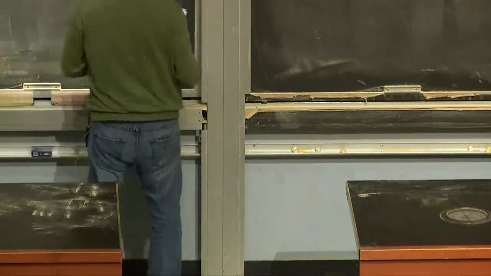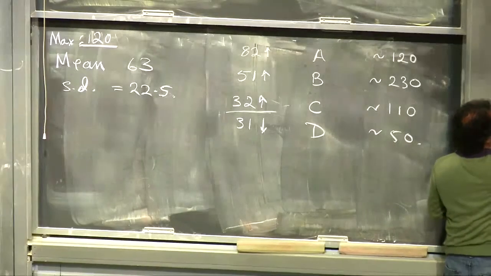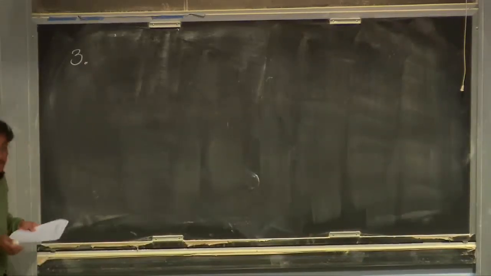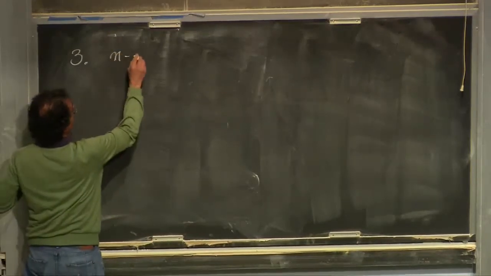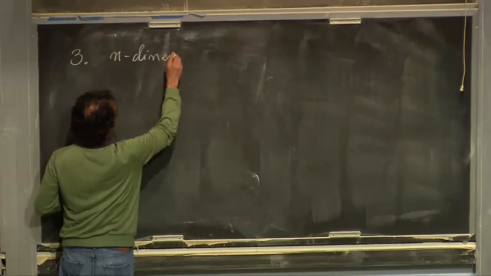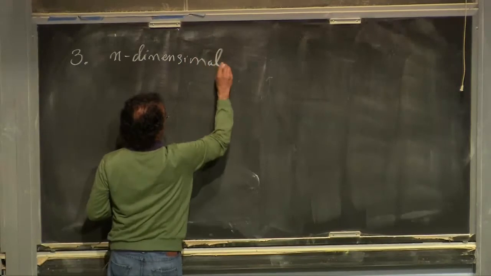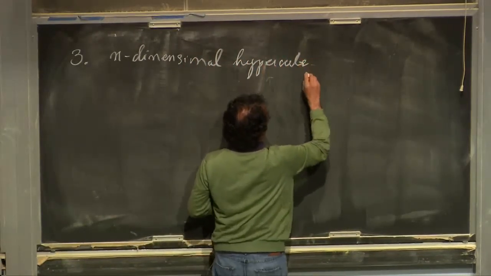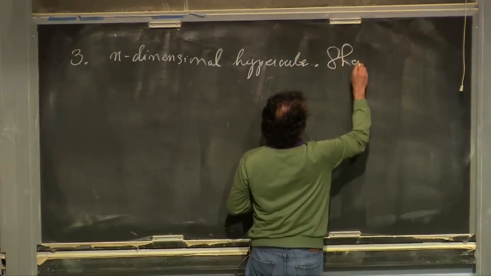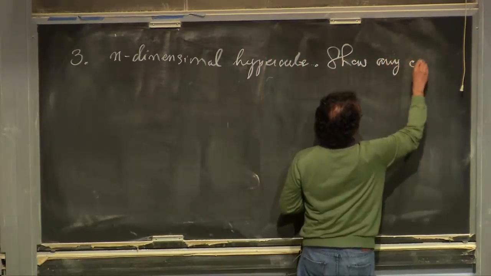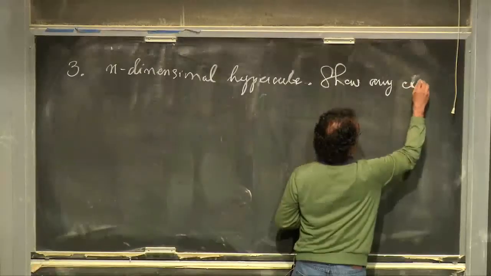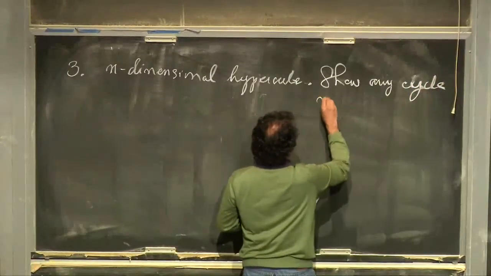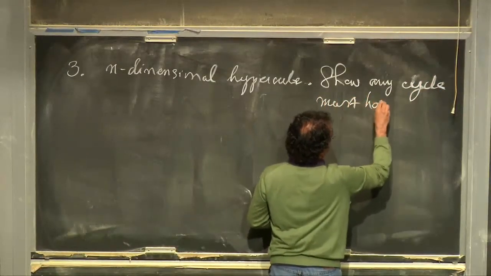Okay, so let's start with question 3, which said: n-dimensional hypercube, and you have to show any cycle must have even length.